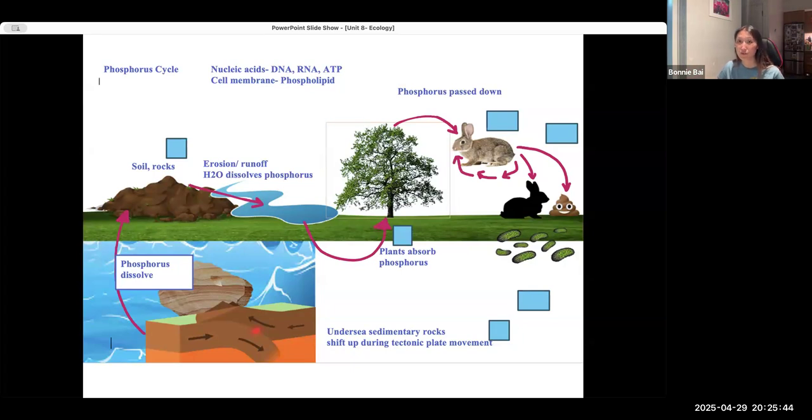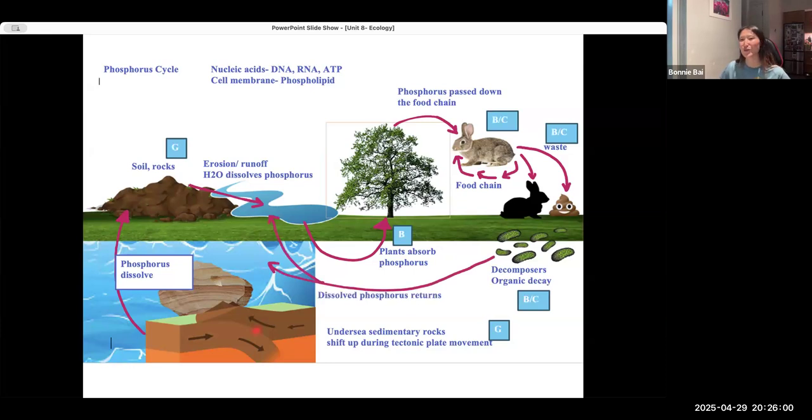Yeah, you get your phosphorus. Or phospholipid, perhaps. You just get it from eating food. Waste is released, decomposers break it down, and release it back into water and the soil. That is the entire phosphorus cycle, which is not nearly as crazy as the nitrogen cycle.